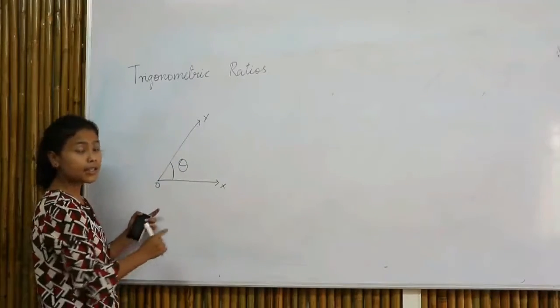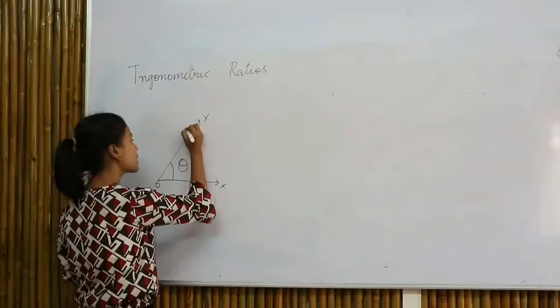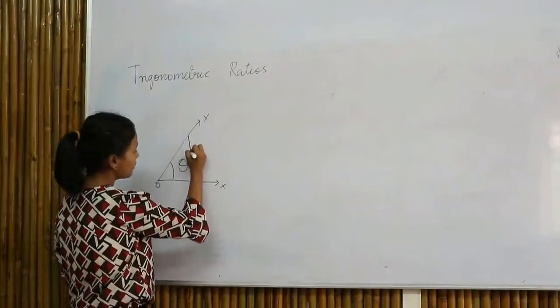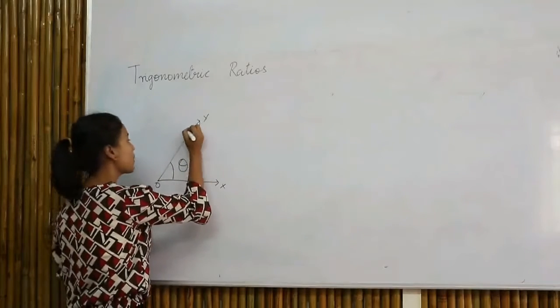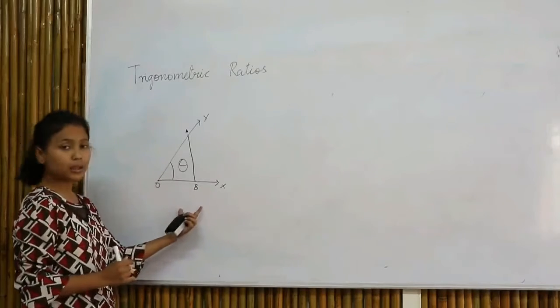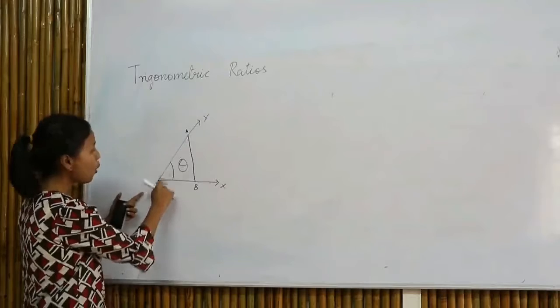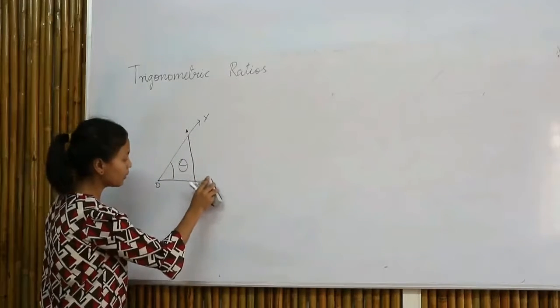If I take any point on OY, suppose here this is the point, and I draw a line from this point perpendicular to OX, let us denote these 2 points by A and B. If you look at this figure, you will observe that OAB is a right angle triangle.